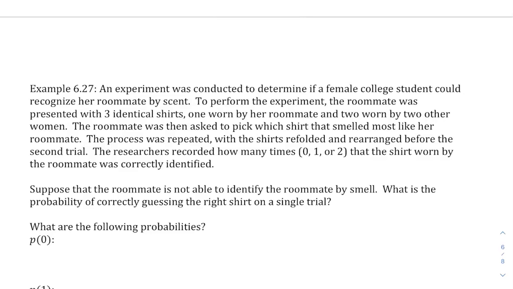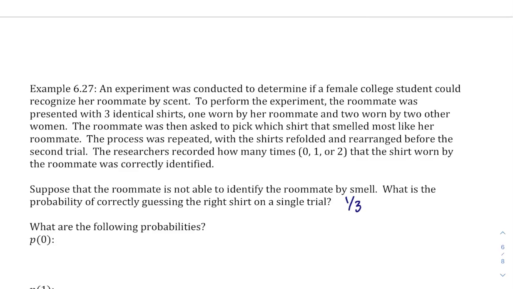Maybe that's a little bit of a stretch, but we'll assume they're independent. For the probability of success, we're going to assume for just a minute that she cannot identify her roommate by smell. She's just randomly guessing. If that's the case, the probability of her randomly guessing correctly would be 1 out of 3, because there are 3 options.